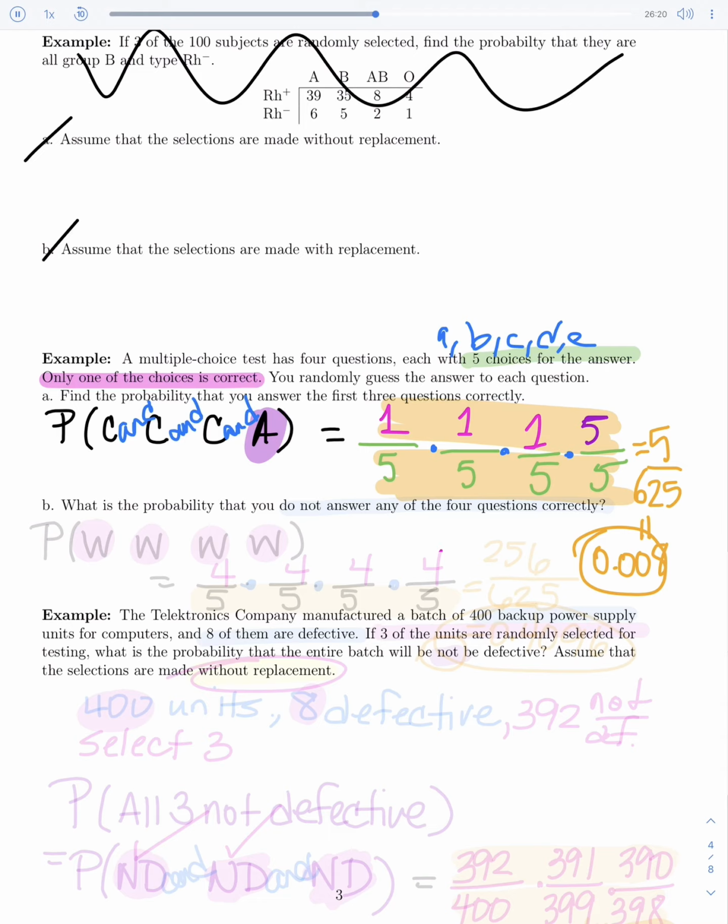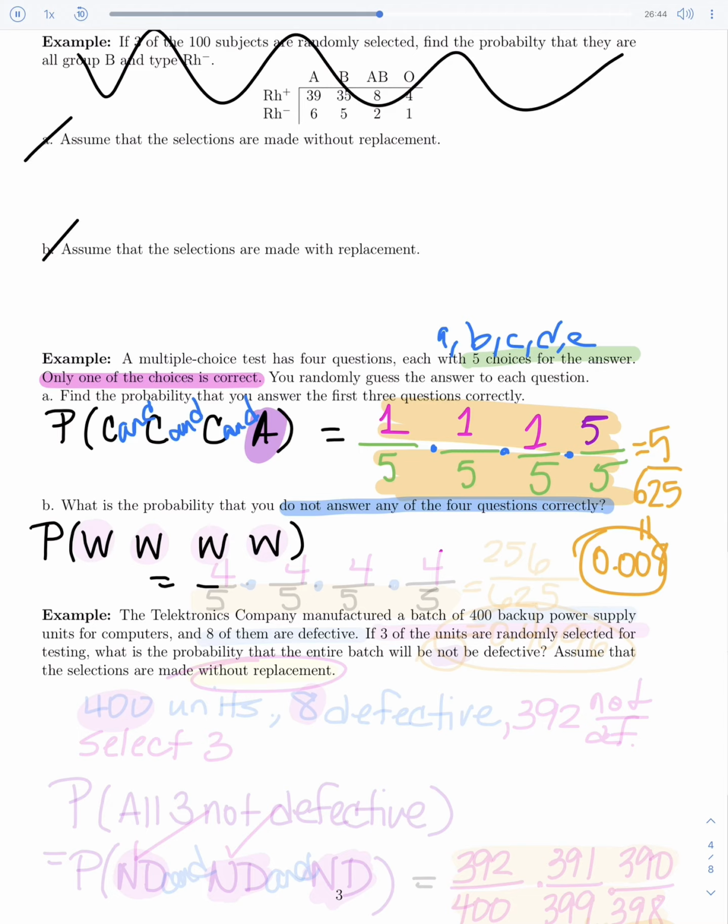Okay, now let's find the probability for part B, which is we have 4 questions, and they're saying on this last one we don't want to answer any of the questions correctly. So we want them all to be wrong. So this time we're looking at the probability of getting all 4 wrong. So, well, let's think about this.